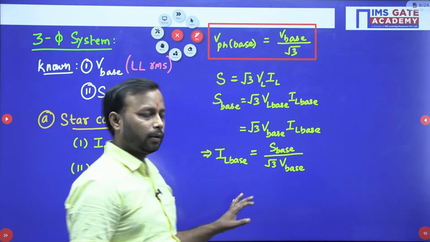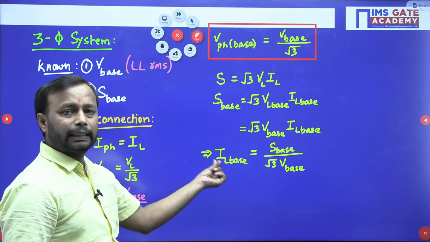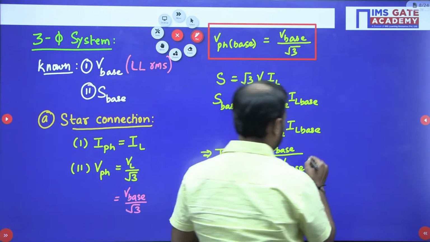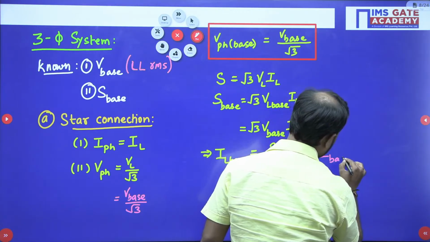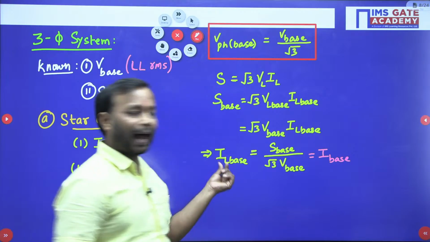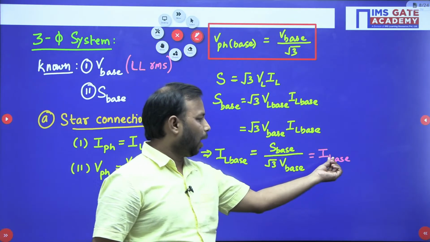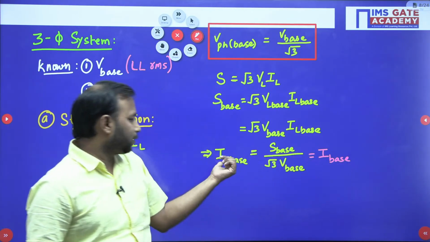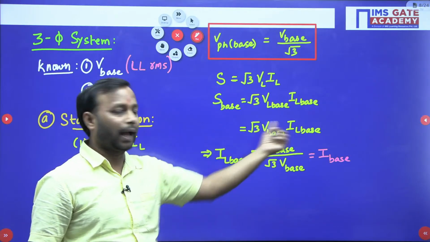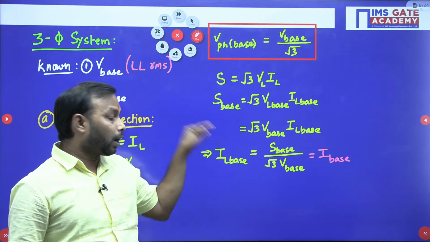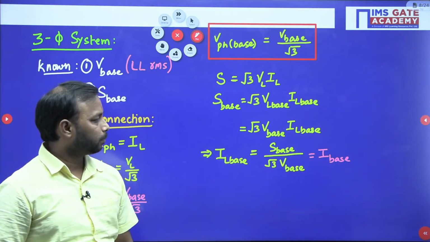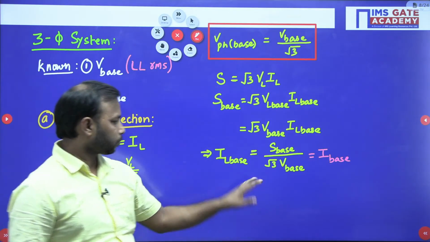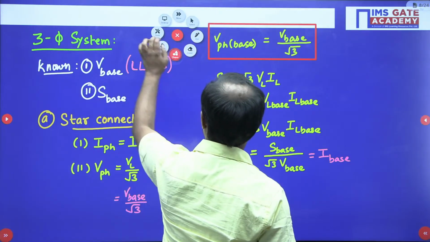Now let me take this IL base as a simple representation as I base. Okay, so here IL base is nothing but I base. Any doubt?